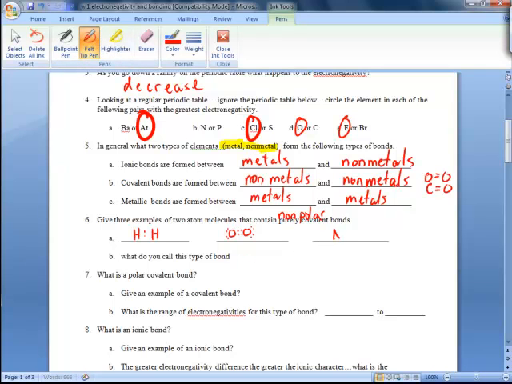And another example of a non-polar covalent bond would be the bond between two nitrogen atoms that might look something like that. What do you call this kind of bond? Non-polar covalent bond.